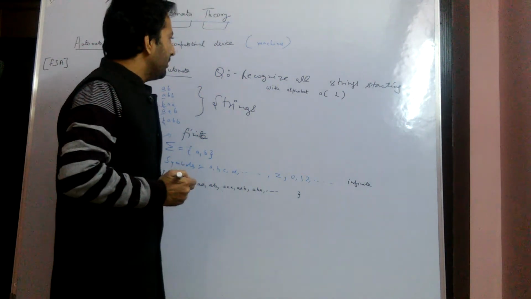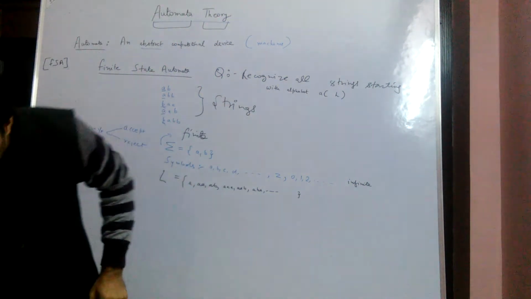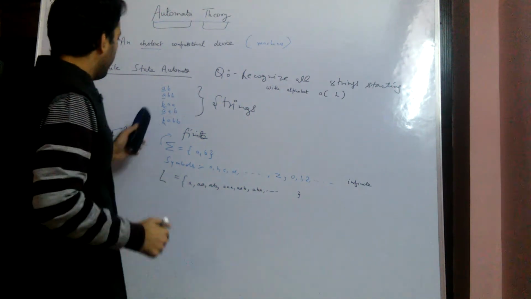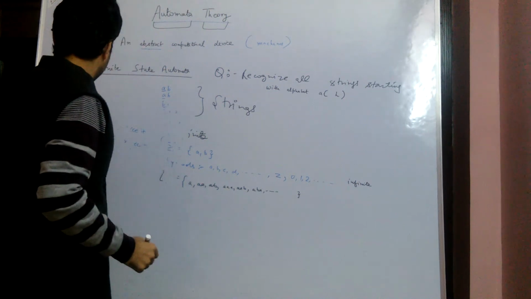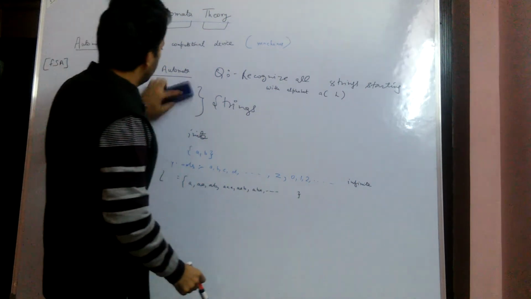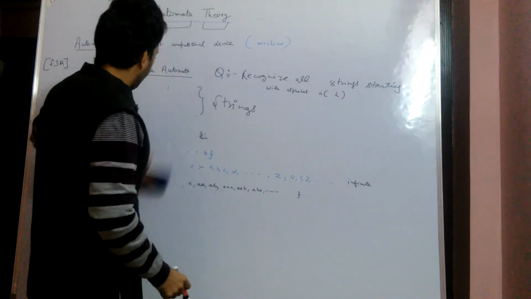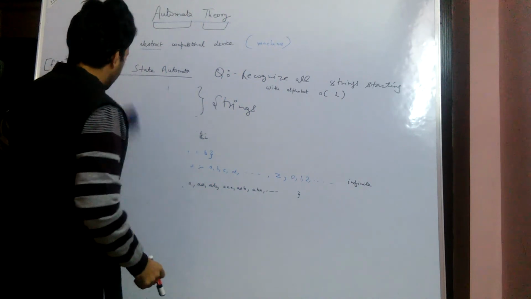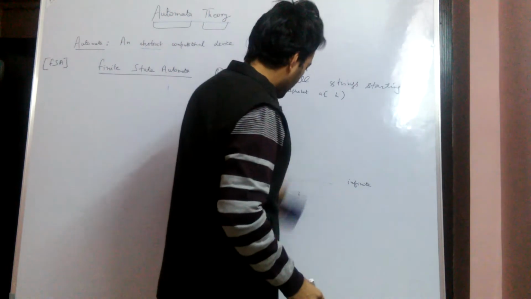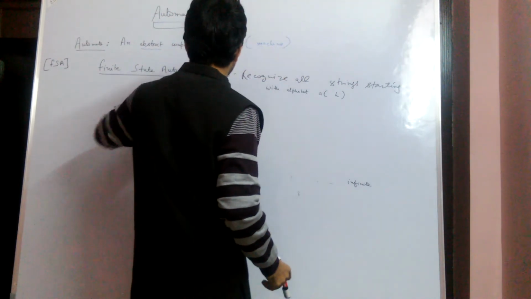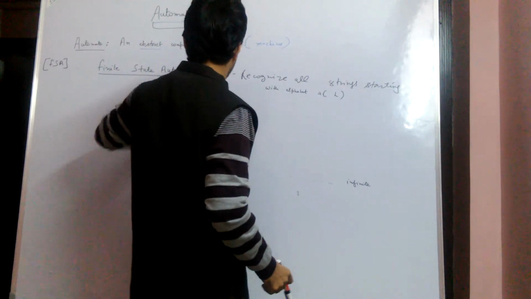So for this question, the three important things are the set of alphabets, the set of strings, and the language. The language is the set of the strings which belong to this particular question.